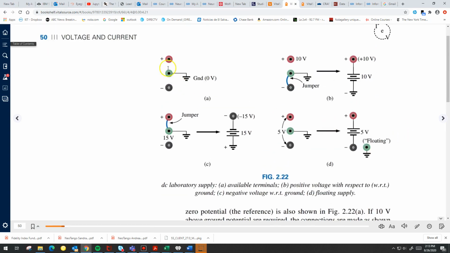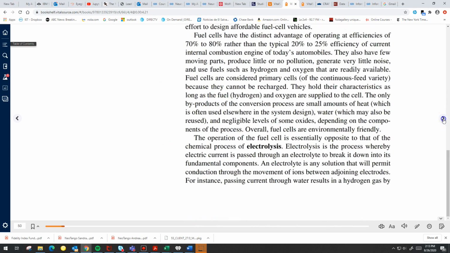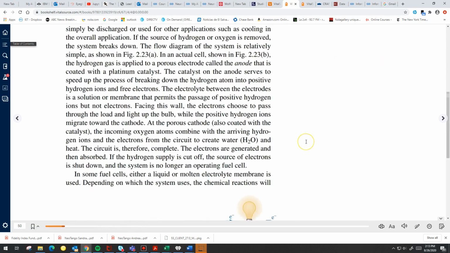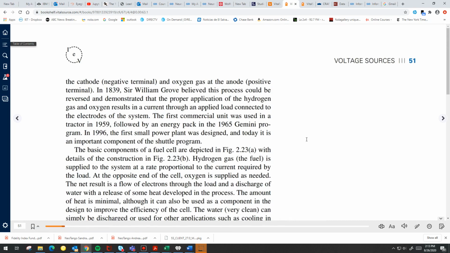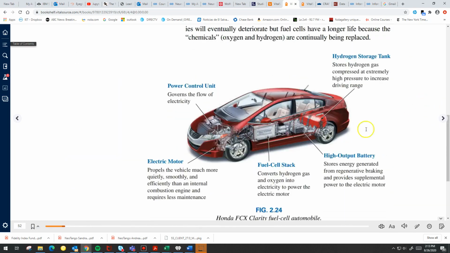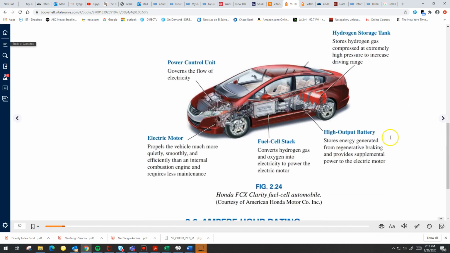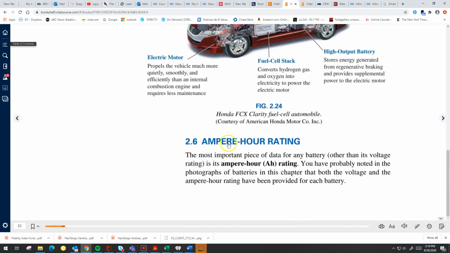And so when we're in the lab, we're going to be looking at this practically in detail. All right. You can skip this section on fuel cells. Again, if you want to read it, it's really great if you do. It's really good knowledge to have, but you can skip it for our purposes if you want.